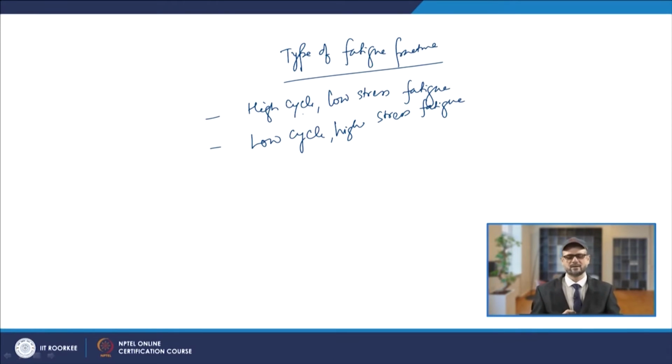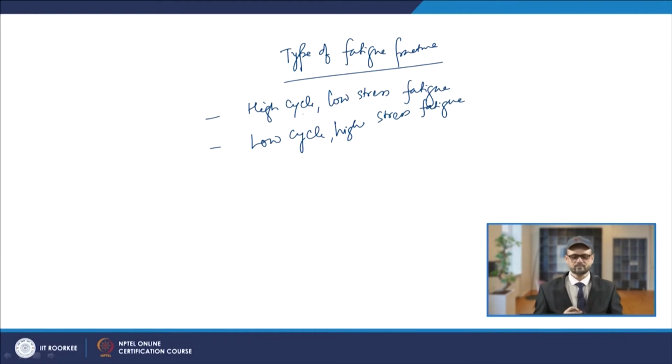In this case it will be less than 10 raised to the power 5 cycles, and here it will go for more than a million cycles, so more than 10 raised to the power 6 cycles. Based on the number of cycles it is subjected to, you have the high cycle as well as the low cycle type of fatigue fracture.